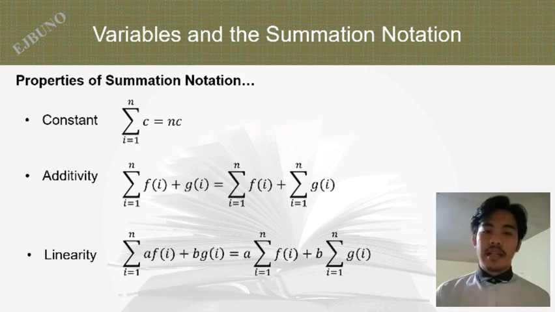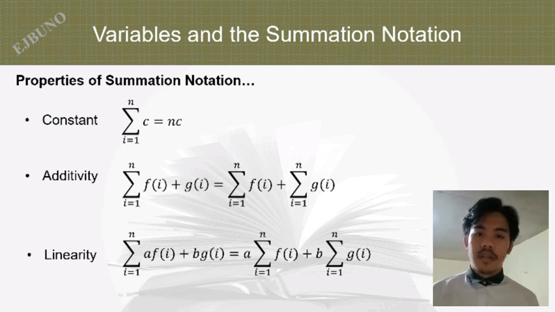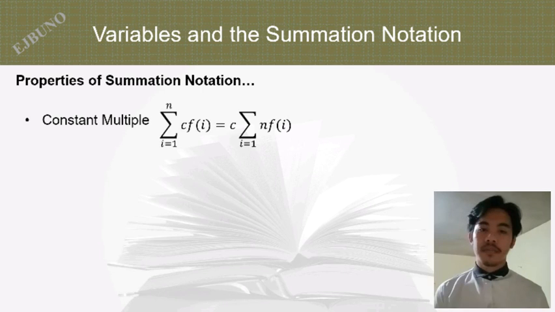It is somehow a combination of the additivity and constant properties. In the formula used in this property, we have the summation of A, which is a constant, multiplied by F terms, plus B, which is another constant, multiplied by G terms.